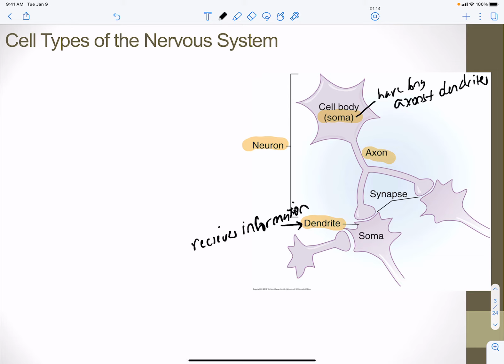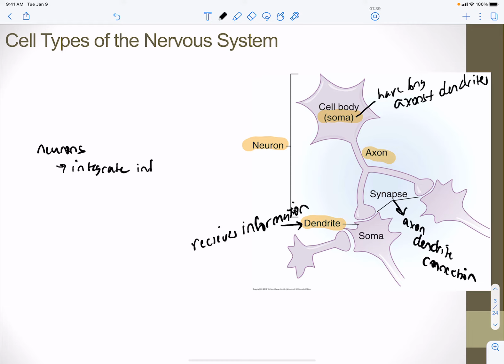And so the synapse is the axon and dendrite connection. Now, neurons can integrate information from multiple sources. And they have one axon, but this one axon can branch extensively and distribute to multiple targets.